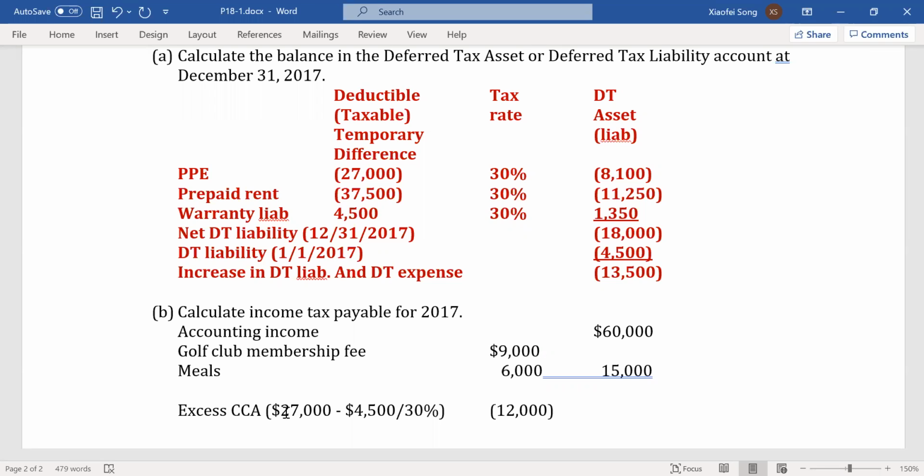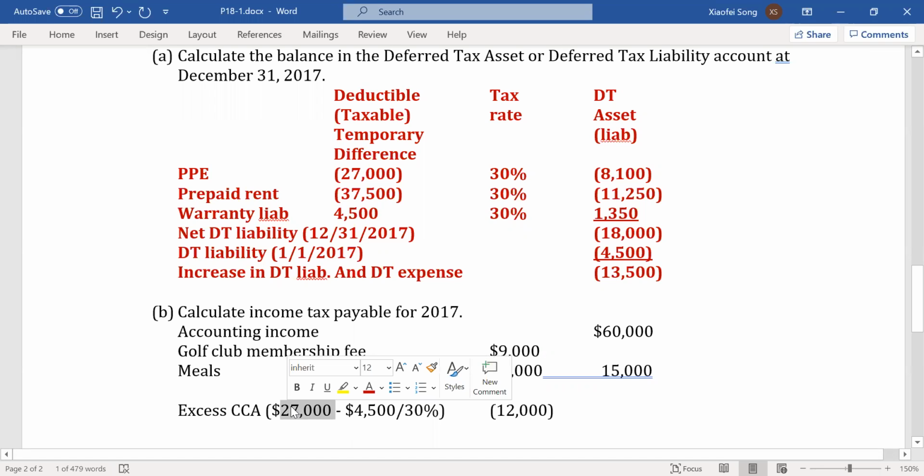Does that make sense? Did I go too fast? So we determined the total difference is 27,000. Just take it as a given. You can verify later. This is 2 years after we had the PPE. The difference already existed at the end of the first year, and all we know about that is that the difference gave rise to a deferred tax liability of 4,500.